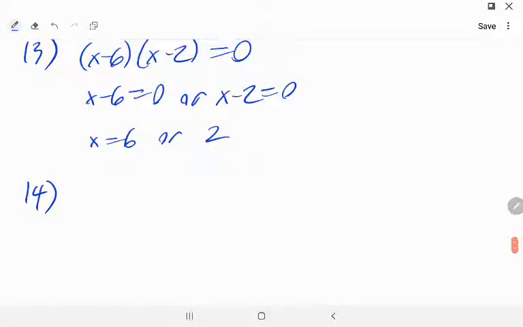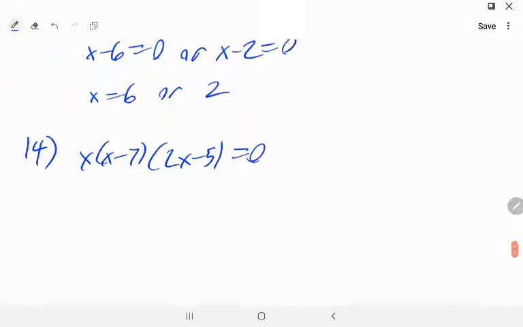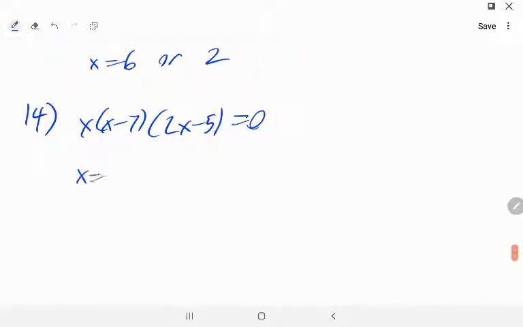Number 14, we've got x times the quantity x minus 7 times the quantity 2x minus 5 equals 0. And so we know x equals 0, or x minus 7 equals 0, or 2x minus 5 equals 0.